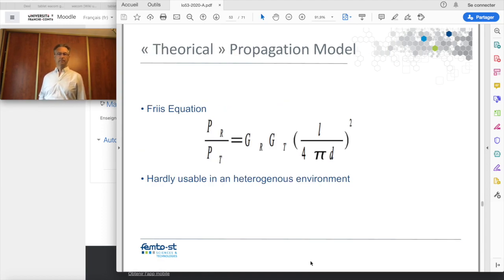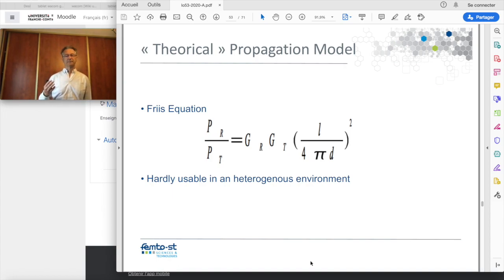So what does theoretical propagation model mean? For example, it can be the Friis equation. So the Friis equation involves the power of the reception, the power of the transmission, the type of antenna, the gain of each antenna, reception and transmission, and then you have the wavelength of the frequency and the distance between the transmit unit and the reception unit.